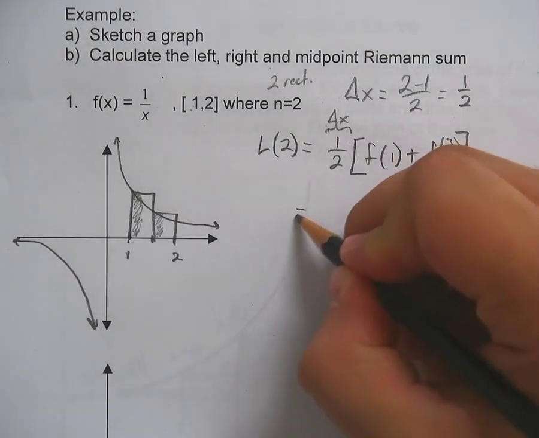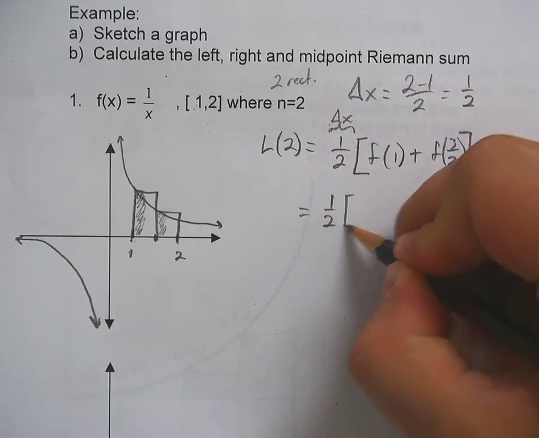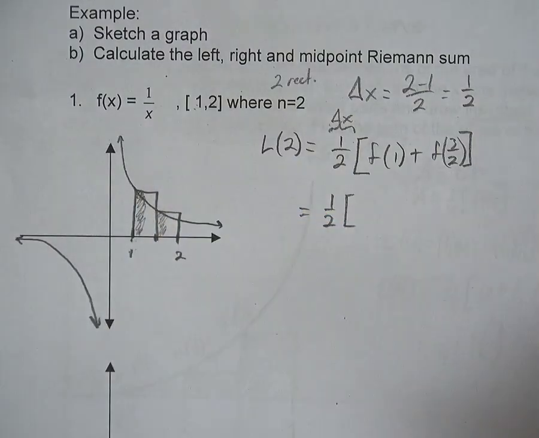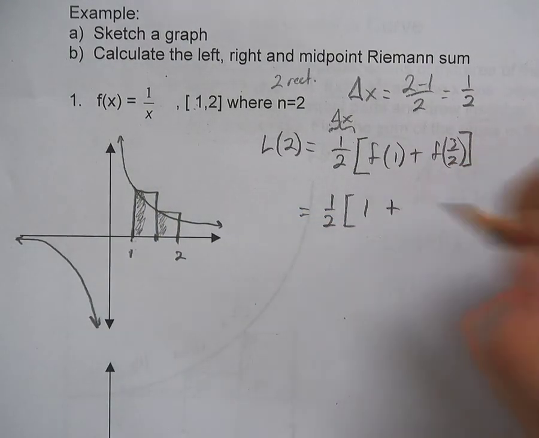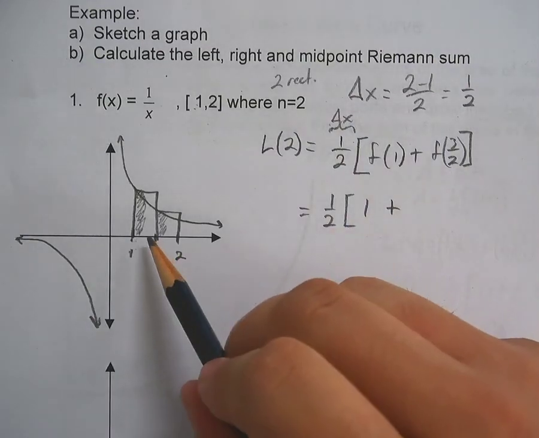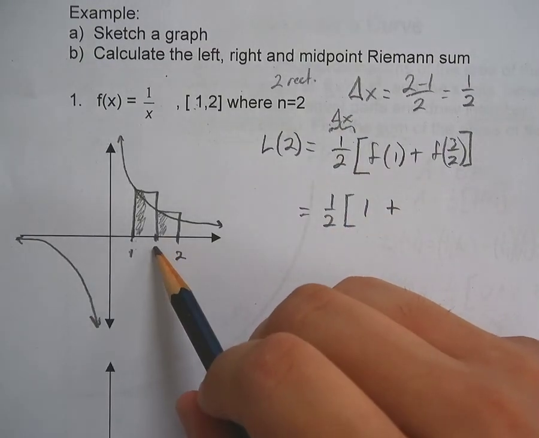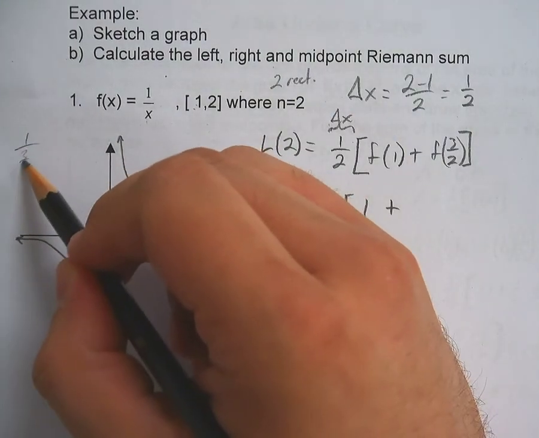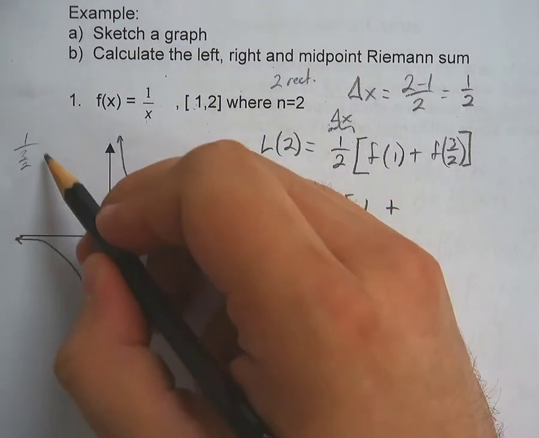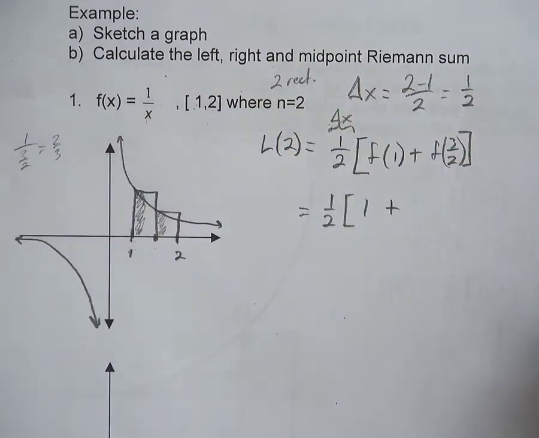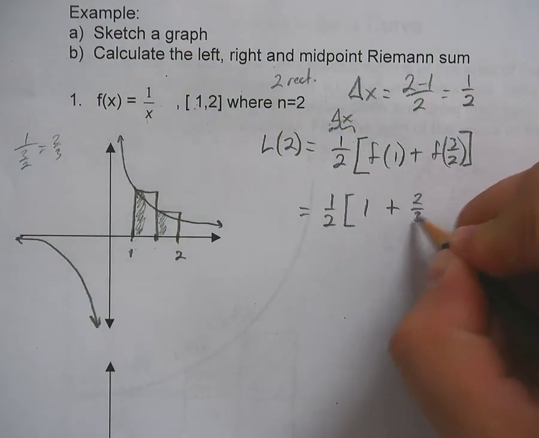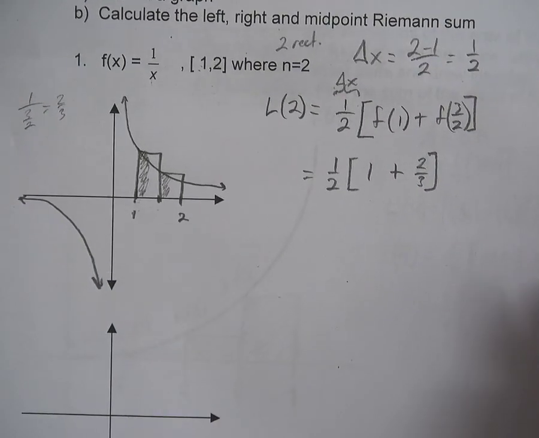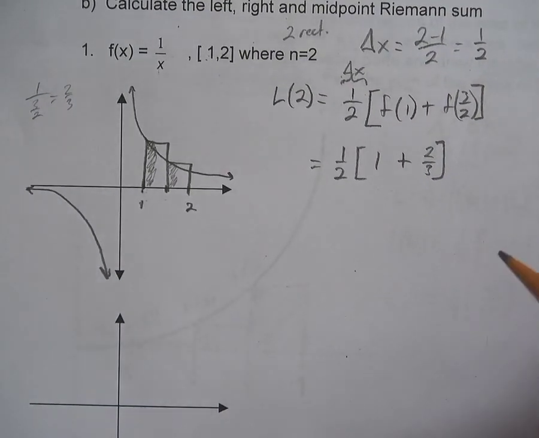So, this is going to be 1/2. And if you plug a 1 in here, you get 1 over 1, which is 1. Thank goodness for that. Plus, if you plug in 3/2, you get 1 over 3/2, which is 2/3. Which is what? 3/3 and 2/3.